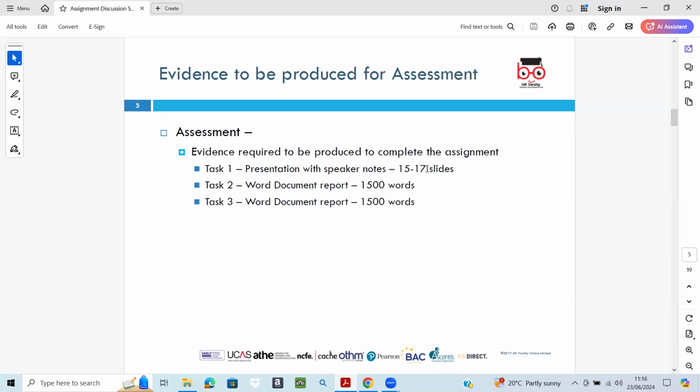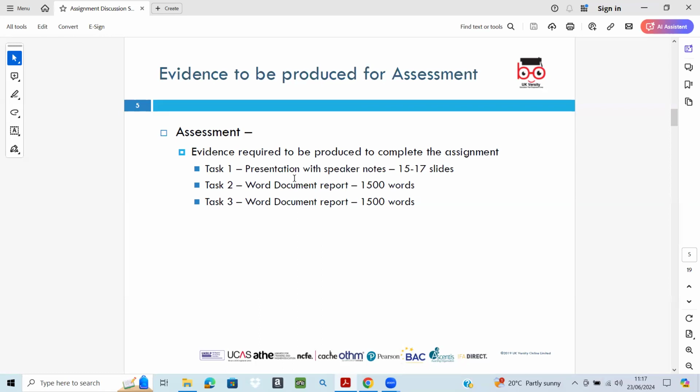It should have about 15 to 17 slides, and we need to add the speaker notes. In this Task one, we have 1.1, 1.2, and in some assignment briefs, we could have in sequence, the Task one would have 1.1, 1.2, and the merit criteria 1M1, or maybe the distinction criteria. So we would go in a sequence.